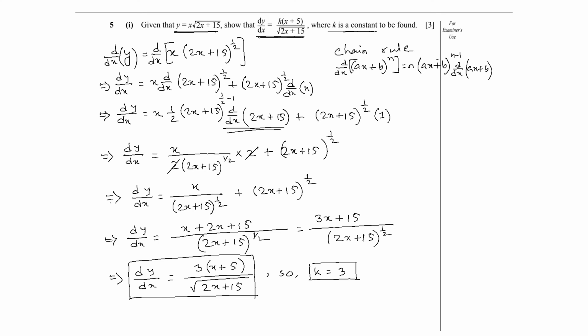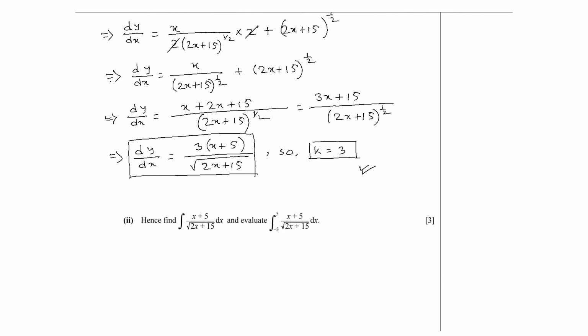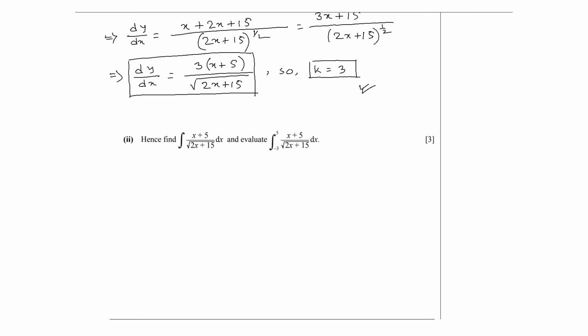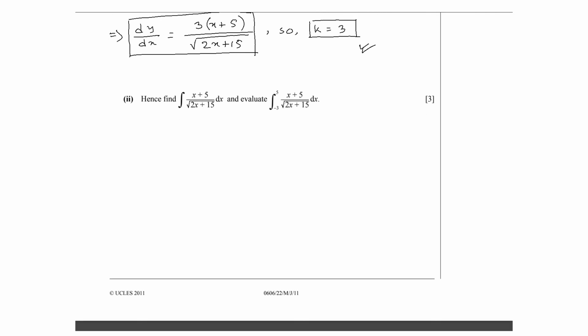Now let's move on to the next part of the question. So let's scroll down the page a bit. Now from here let's start. Here the word hence tells us that we have to use the result of the first part of this question to get the solution of the second part.